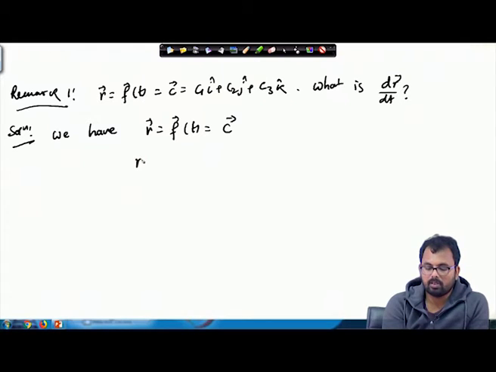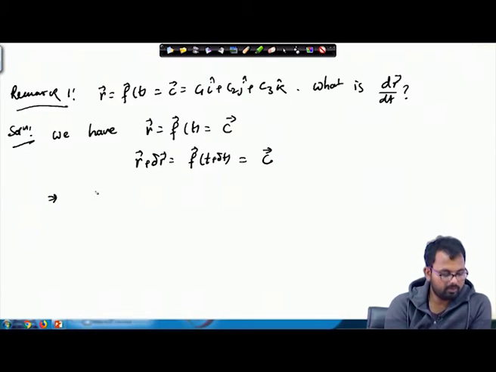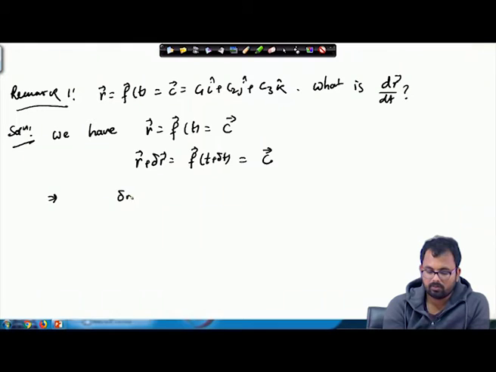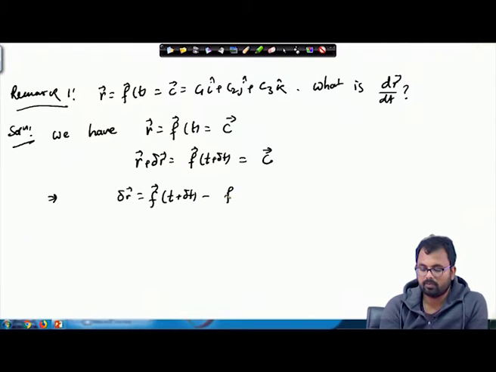From here, r plus delta r would be f(t plus delta t), which equals c again, and therefore delta r equals 0. So, f(t plus delta t) minus f(t) equals 0.